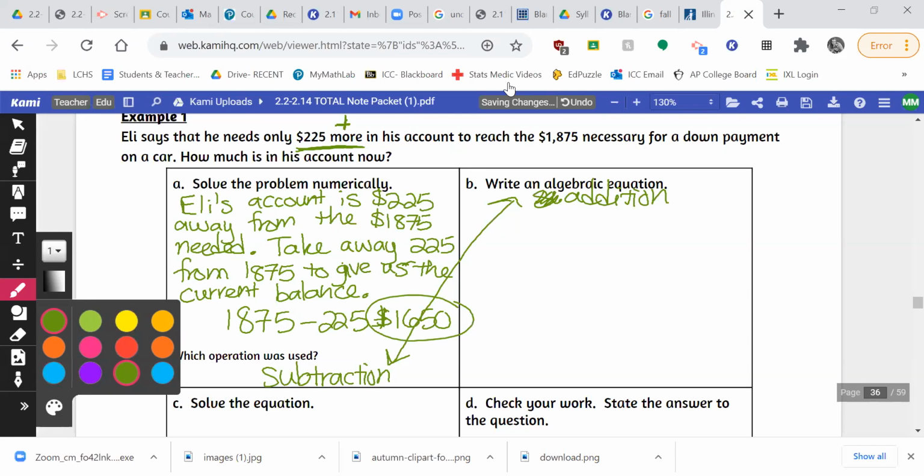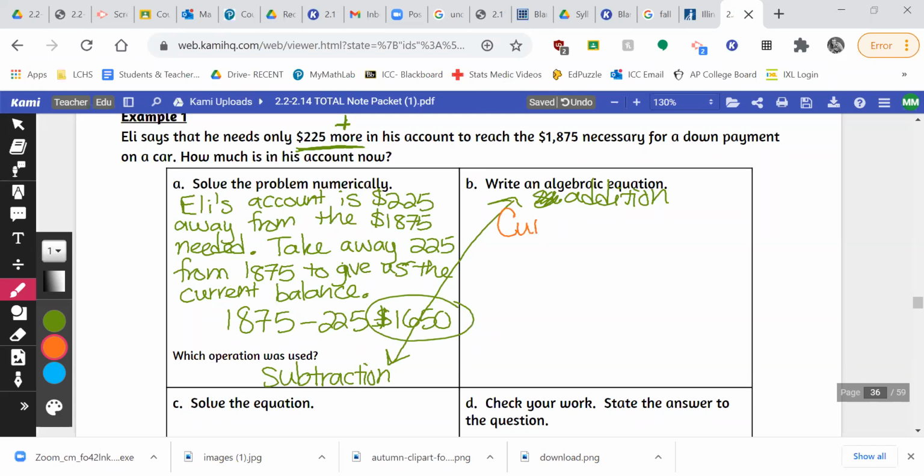So for our addition that we have, we can think he needs $225 from his current balance to get the $1,875 necessary. So the first thing you want to do is identify what your variable would be. And the variable, what we're solving for, is going to be the current balance. So I'm going to have our variable be C, the current balance.